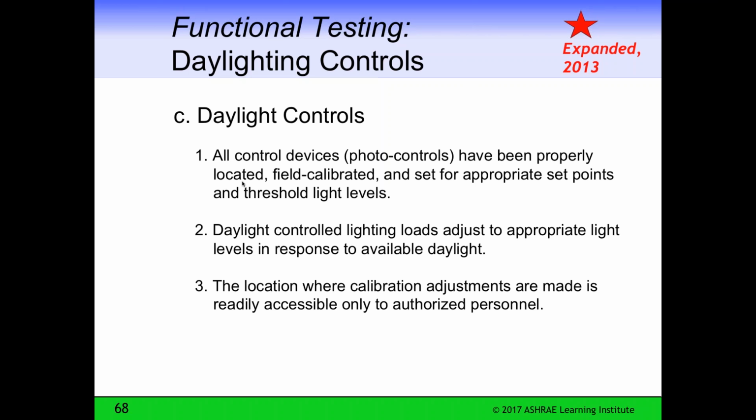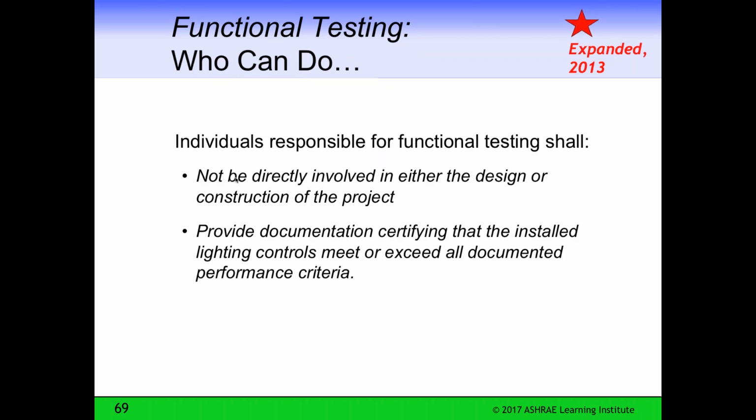The utility was paying for the incremental cost and forced the contractor to go back and change the design, essentially in response to this type of functional testing, and produce the 50% reductions that were originally intended. So it's really important that these things occur.